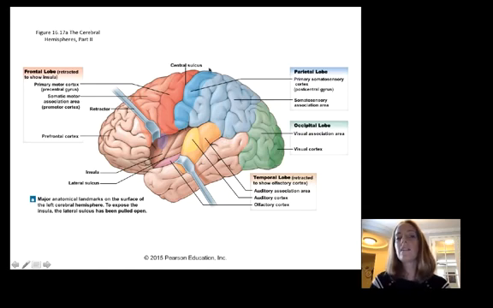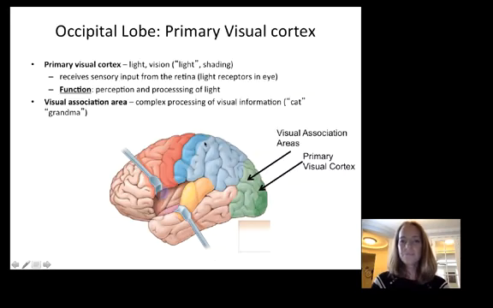They have done human surgical recording because they need to identify areas for tumors, where they'll go in and put an electrode in a certain region of the brain and map it out. And when they stimulate here, the patient will say, oh, I see flickers of light. And so that's going to be primary visual cortex. Or when they stimulate here, the patient will say, I hear a song that I remember. And so that would be an auditory association area.